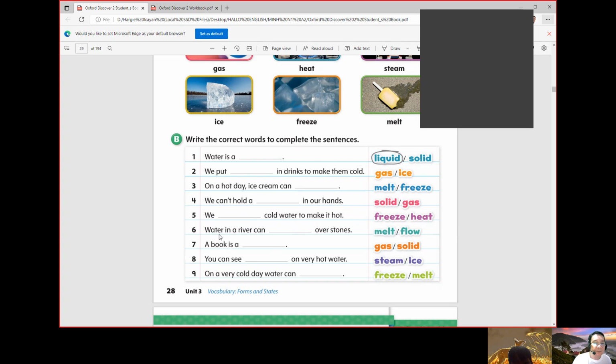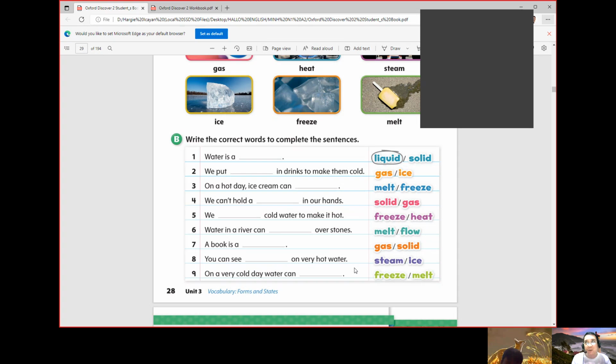Number six, water in a river can flow over stone. Yes, so water in a river can flow over stones. Number seven, a book is a solid. Okay, a book is a solid. Number eight, you can see steam on very hot water.